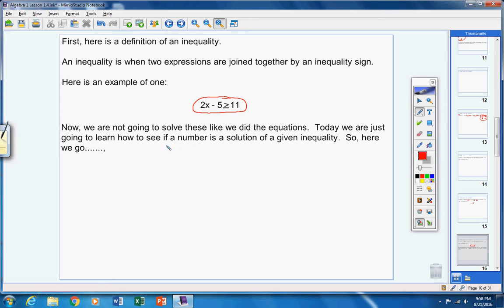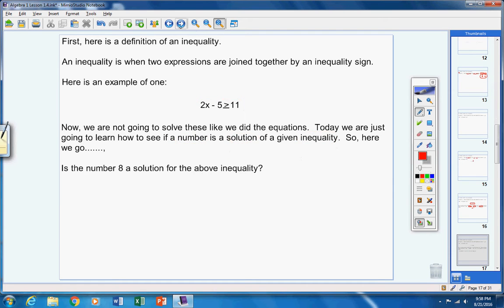Let me say that again. We are not going to solve these today, okay? We'll do that later. Today we are just going to take a number and check it to see if it is a solution of the inequality. That's all we're going to do, okay?